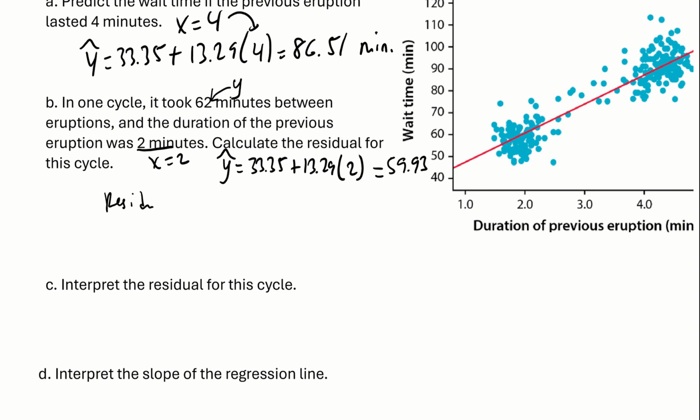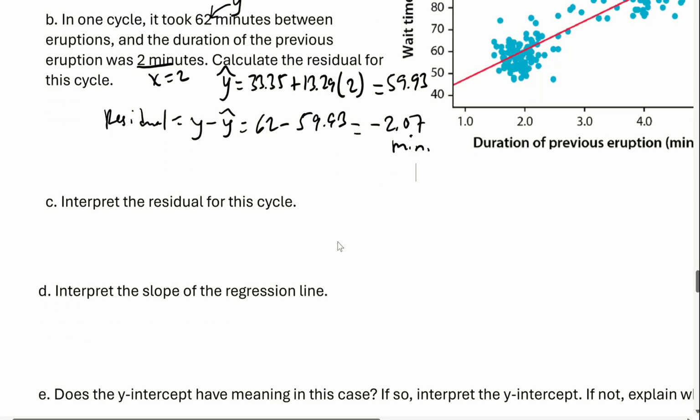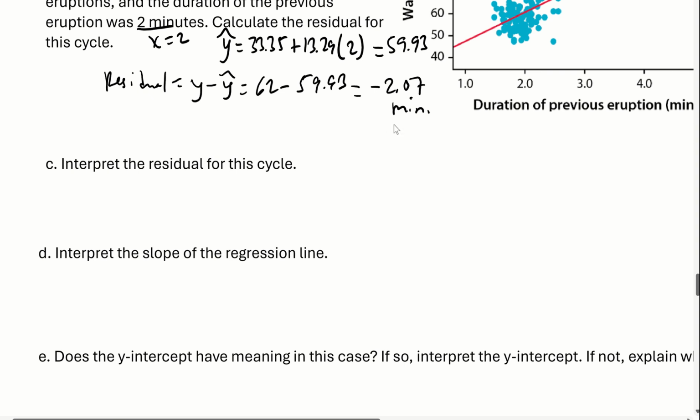Okay, so the residual is y minus y hat. So 62 minus 59.93 is 2.07 minutes. And they want us to interpret that.